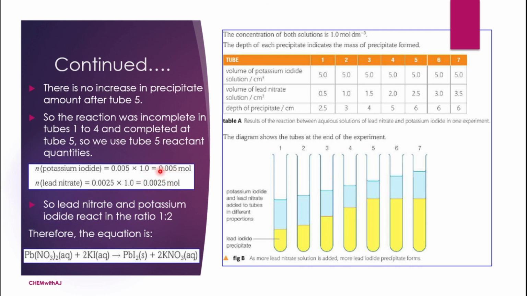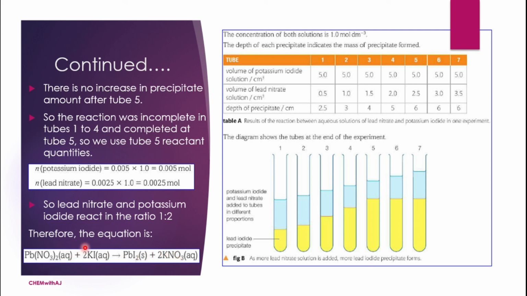If we use the ratio, we can determine that lead nitrate and potassium iodide react in the ratio of 1:2. So we divide 0.005 by this, and then we'll get the ratio is 1:2. Therefore, we can write lead nitrate plus potassium iodide gives lead iodide plus potassium nitrate.